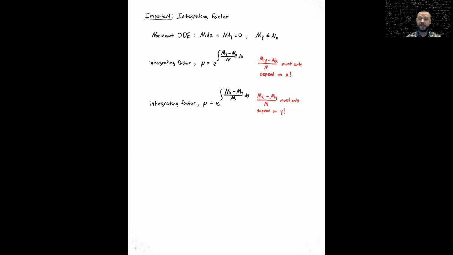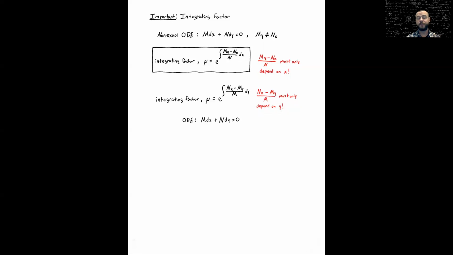But now this expression, N sub x minus M sub y divided by M, must only depend on y. Now between these two versions, the first one, due to the assumption that mu only depends on x, is going to be a little more useful and frequently used, but it's good to be familiar and comfortable with both.